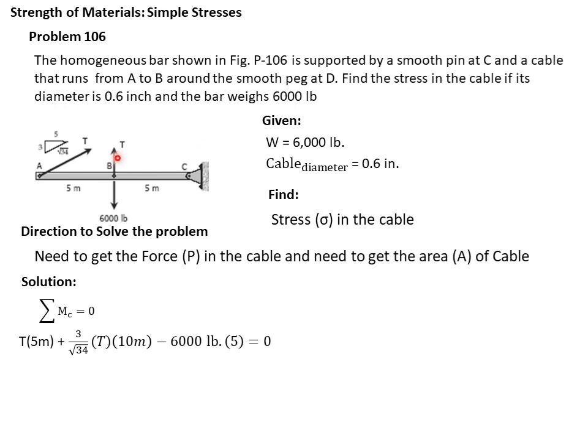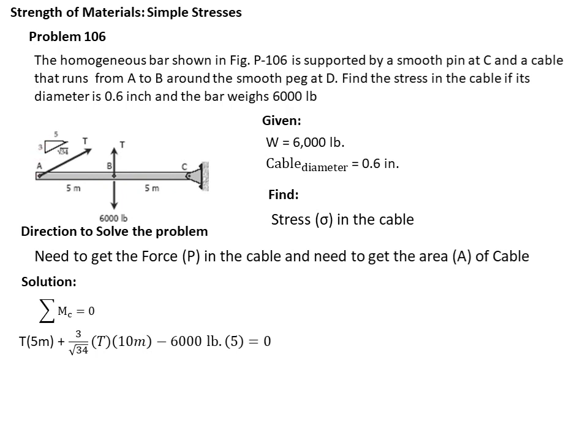Okay, so T, the force T, times the perpendicular distance 5 meters, this one, T times 1, plus we need to get the vertical force of this one, and then multiply with the distance, the 10 meters.